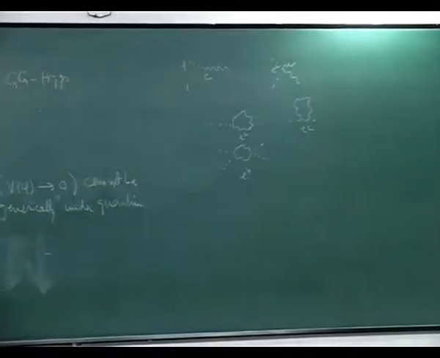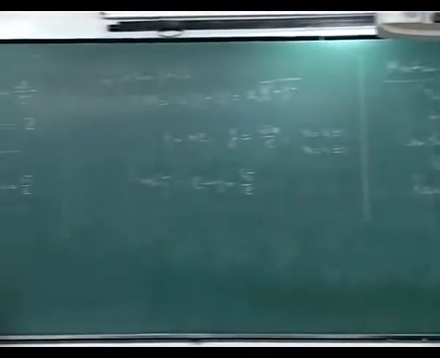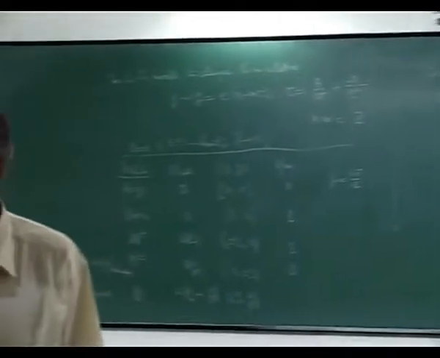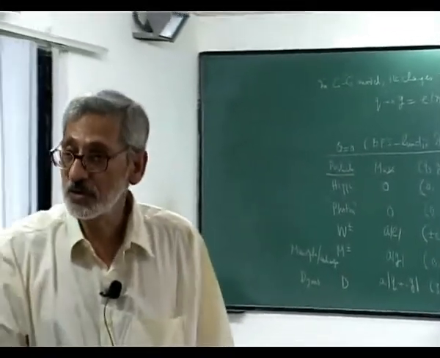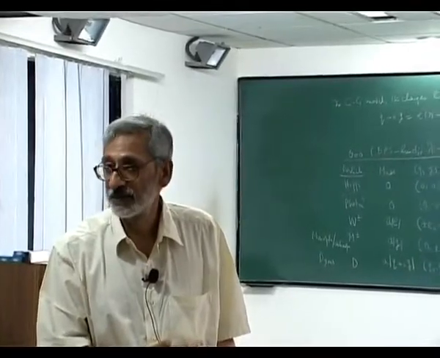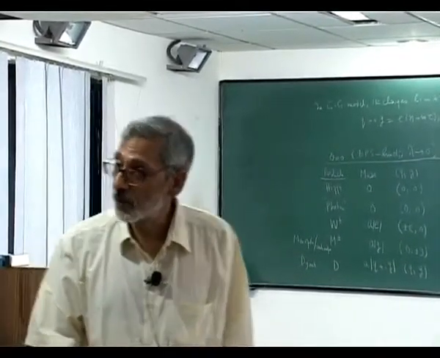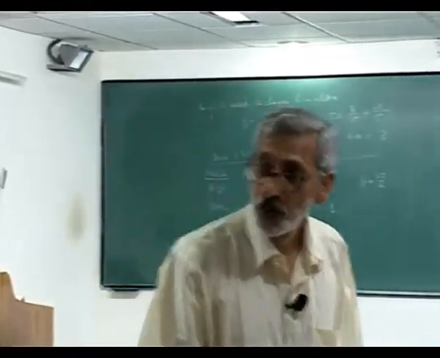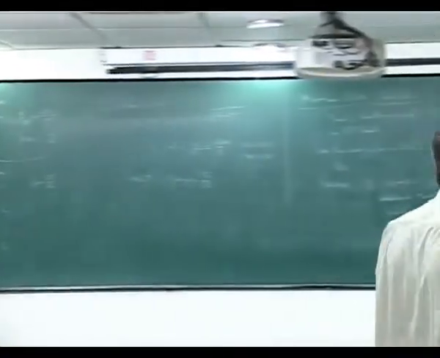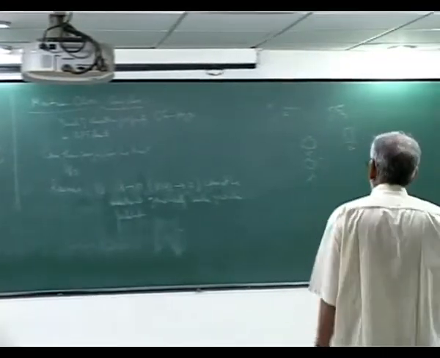So even if I did not have these terms classically, at one loop I would have generated a phi 4 term and a phi square term. There is no reason to expect that these are 0. So at one loop level I would have a potential which is non-zero, and the potential being non-zero means phi 4 being non-zero, so lambda would have become order E4.